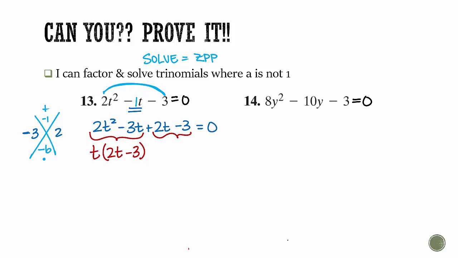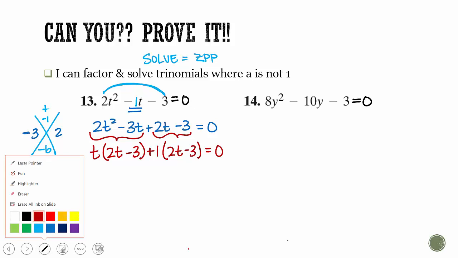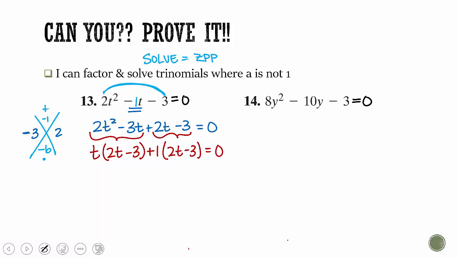And these guys have nothing in common, which remember means a 1, and I would have 2t minus 3, and it still equals 0. So you know you're doing something right. We ended up with 2t minus 3 in both my parentheses, so my other parentheses have to be t plus 1.